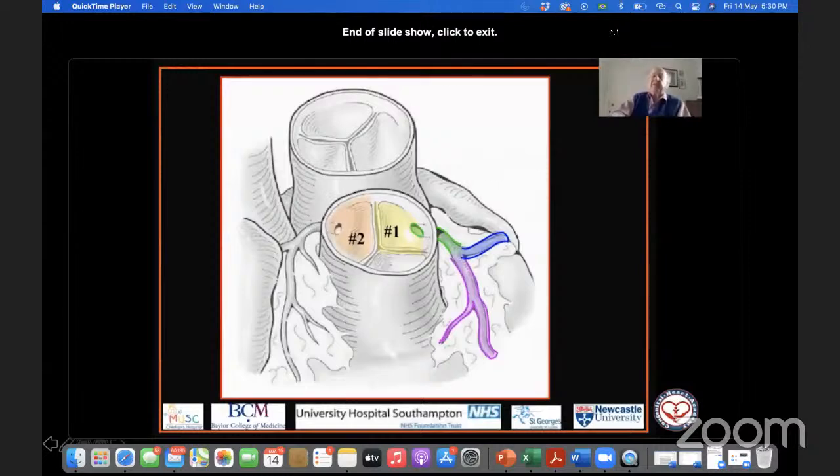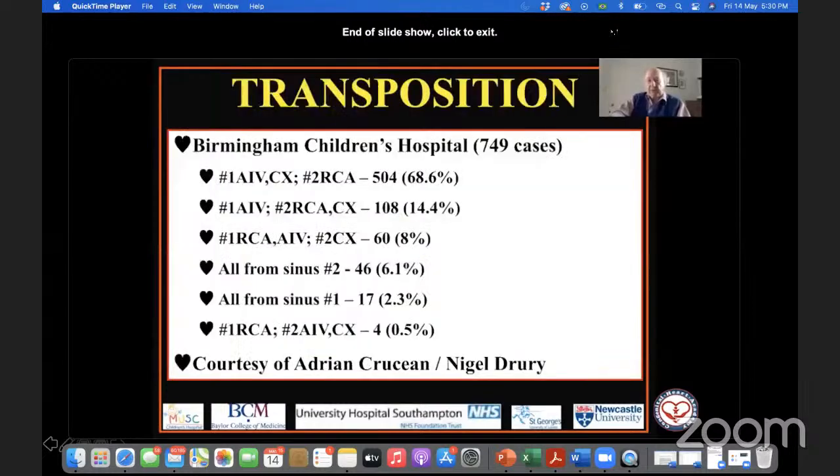The left-handed sinus number 2 giving rise to the right coronary artery. But this is only the usual pattern. So what we have to do is to have a system for describing what's going on so that we can recognize all the abnormal patterns. As I say, there are 8 possibilities.